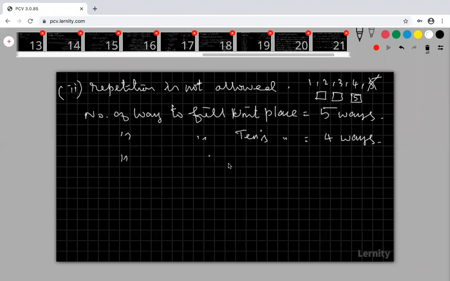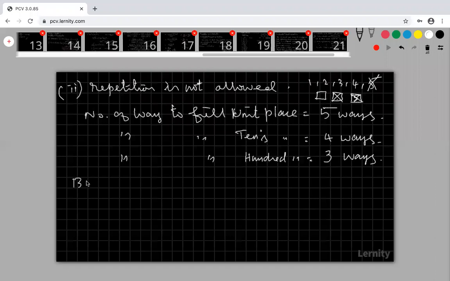So the number of ways to fill my hundreds place. Okay, here already 1 number is filled here, already 1 number is filled here, remaining 3 numbers. Using these 3 numbers, I am going to fill my hundreds place.